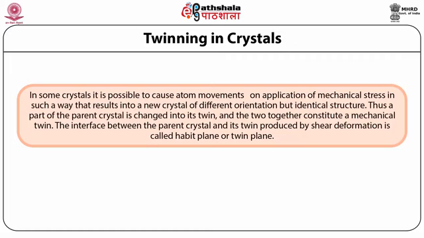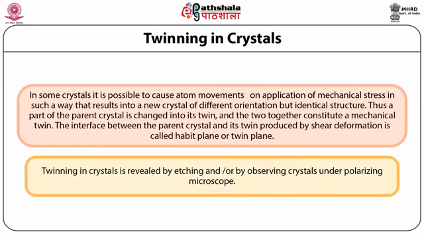The interface between the parent crystal and its twin produced by shear deformation is called habit plane or twin plane. Twinning in crystals is revealed by etching and or by observing crystals under a polarizing microscope.